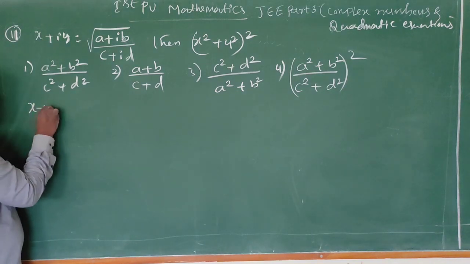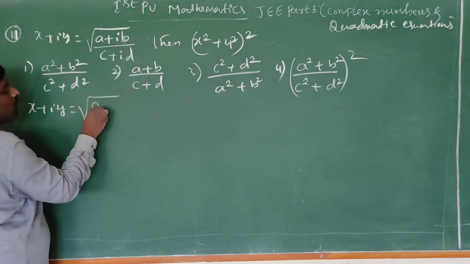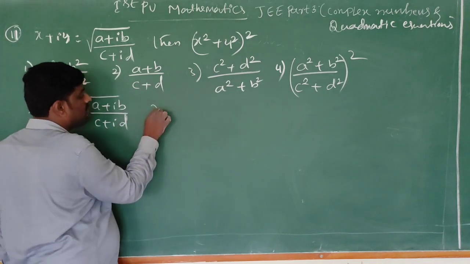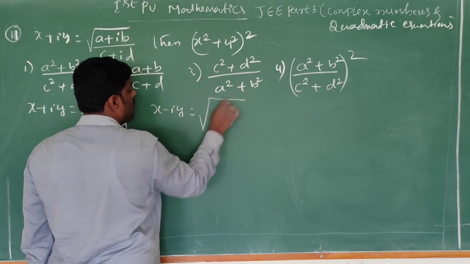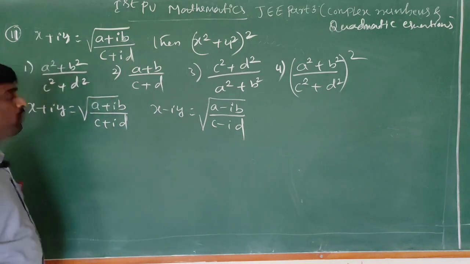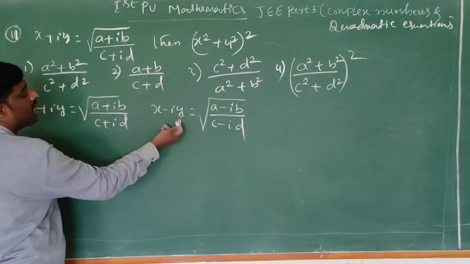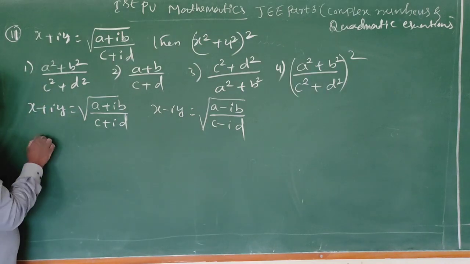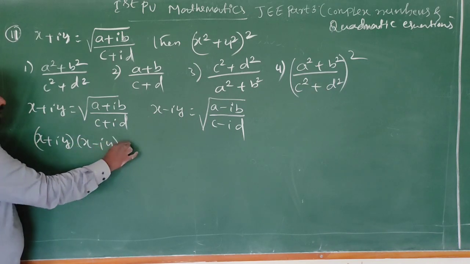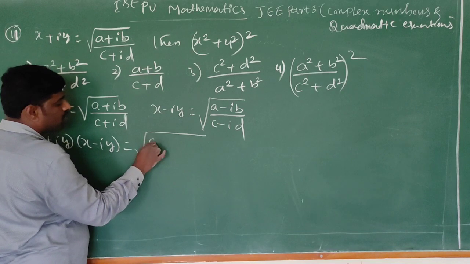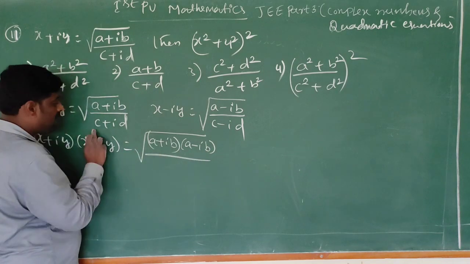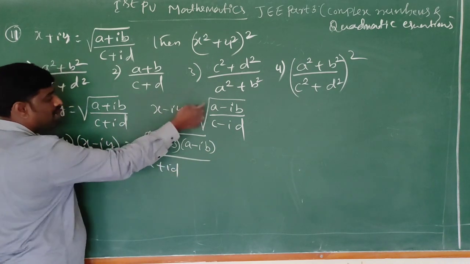Here x plus iy equals to square root of a plus ib divided by c plus id. So x minus iy is nothing but square root of a minus ib divided by c minus id. When you take x plus iy into x minus iy, you will get x square plus y square. That means x plus iy into x minus iy equals to square root of a plus ib into a minus ib divided by c plus id into c minus id, because the square root is common.